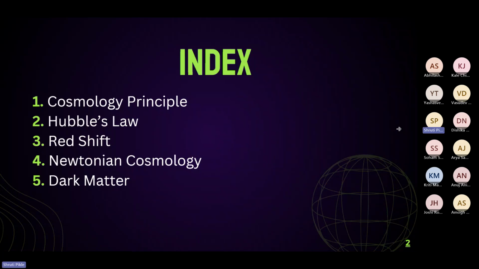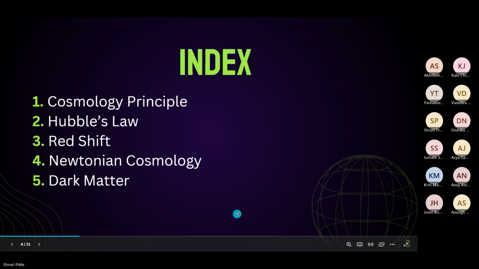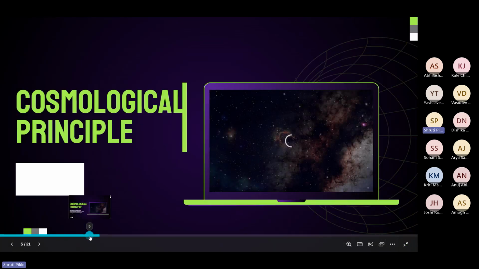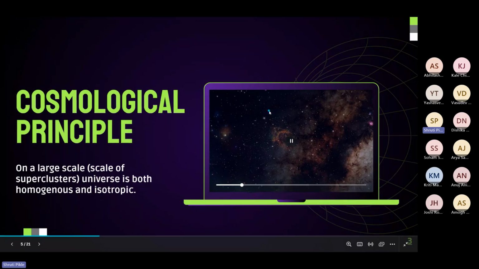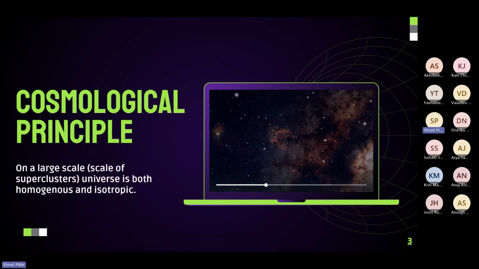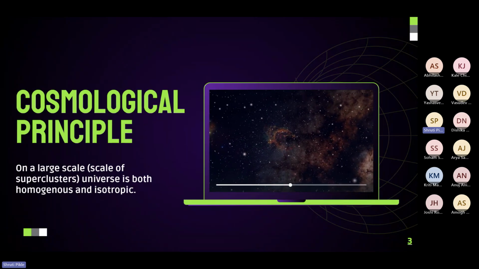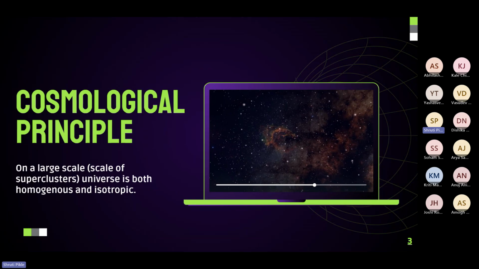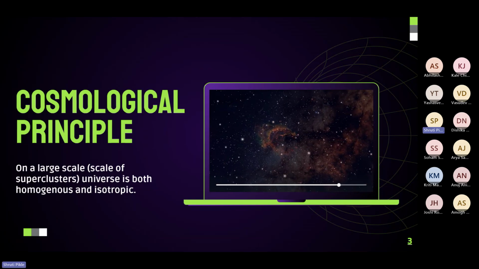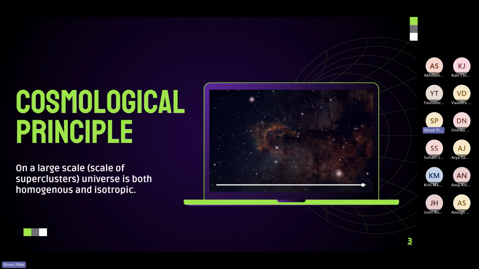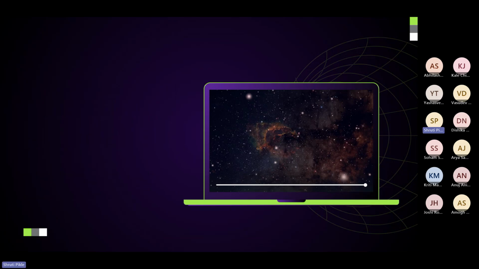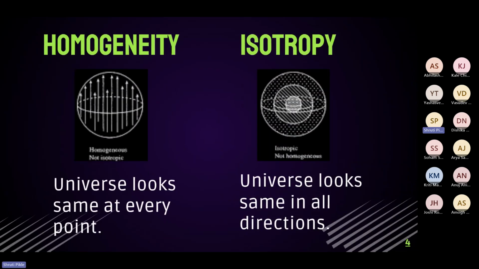So what does this principle state? So the cosmological principle states that on a large scale, that is the scale of superclusters, the universe is both homogeneous and isotropic. But what is homogeneous and what is isotropic? So homogeneous basically means that the universe has no special place.